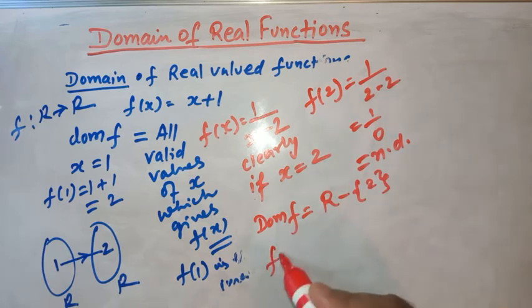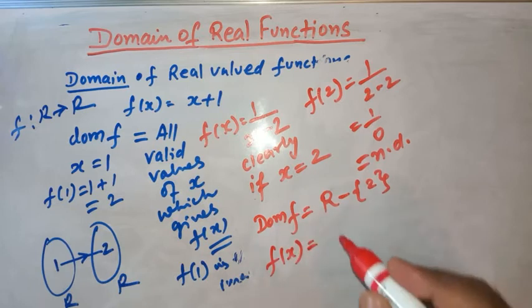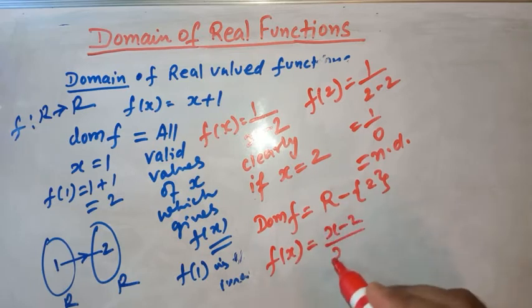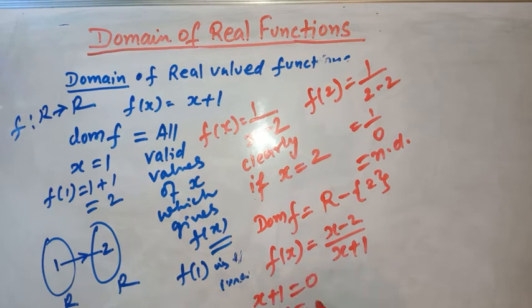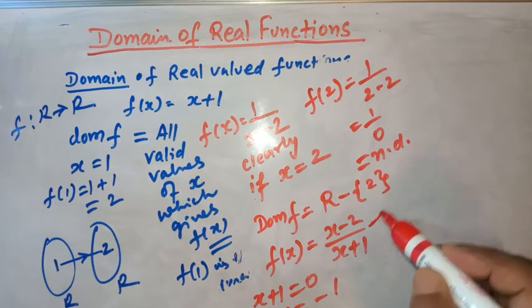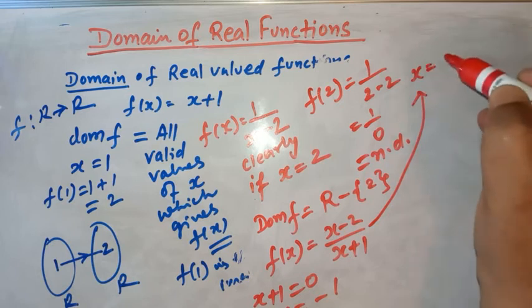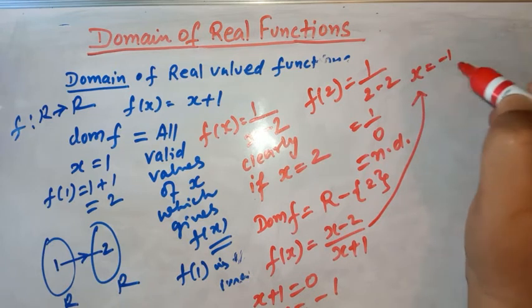Let us take one more example. Suppose we have f(x) is, say, (x minus 2) over (x plus 1). Now what is its domain? Clearly we see that the denominator becomes 0 when x is equal to minus 1. So x equal to minus 1 is not admissible.